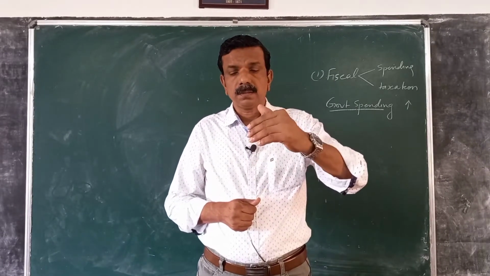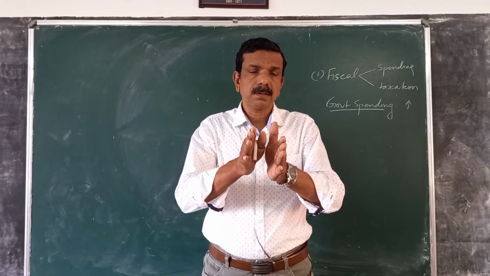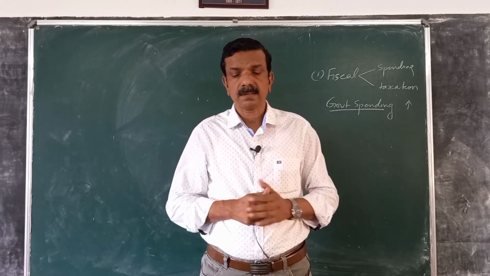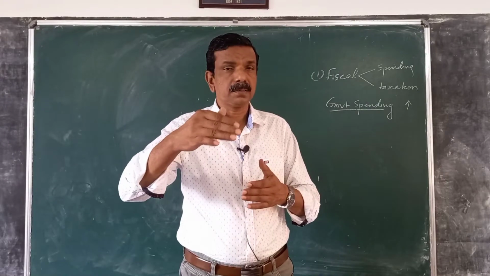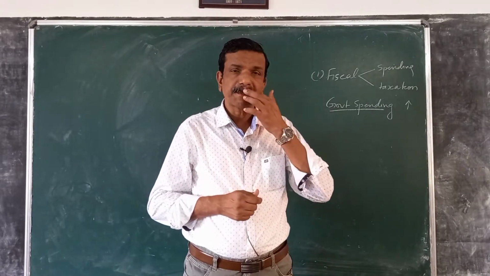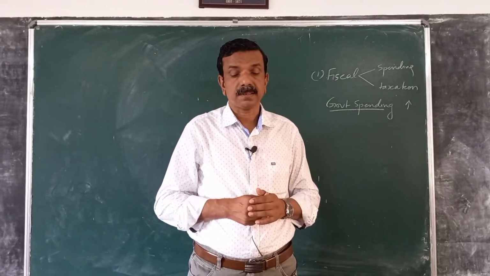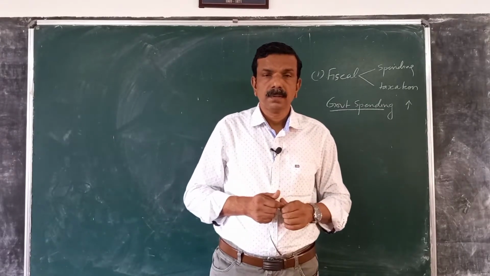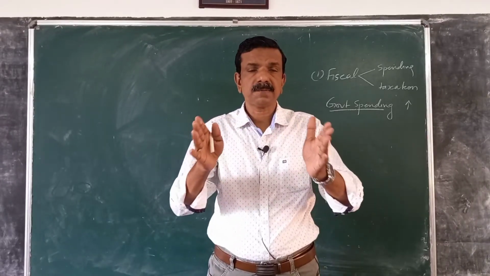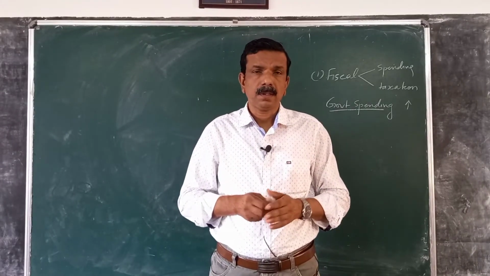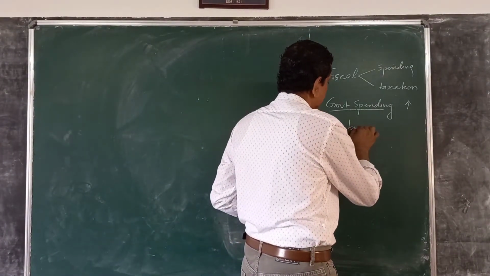Now, the question of how this increase in government spending is financed arises first. So, the first question we have to address is how this increased government spending is financed. Just like households and business firms, government has a budget constraint.